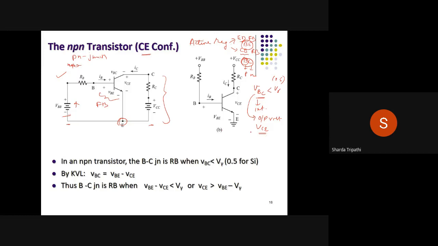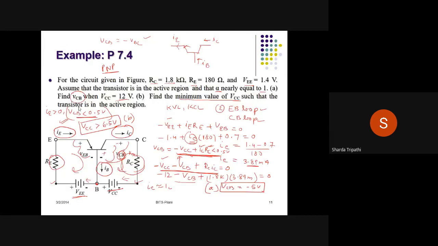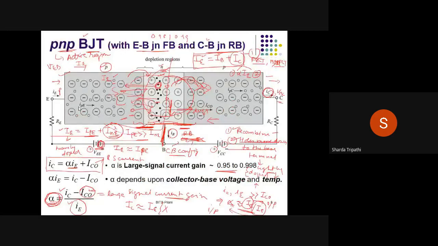So why did we not do the same thing in the last case? We did not do this for the last case because over there the junction voltage and the output voltage were the same. If you recall, the output is taken across collector and base, and the junction voltage is also across collector and base. So the condition on the junction voltage was also a valid condition in terms of output voltage.